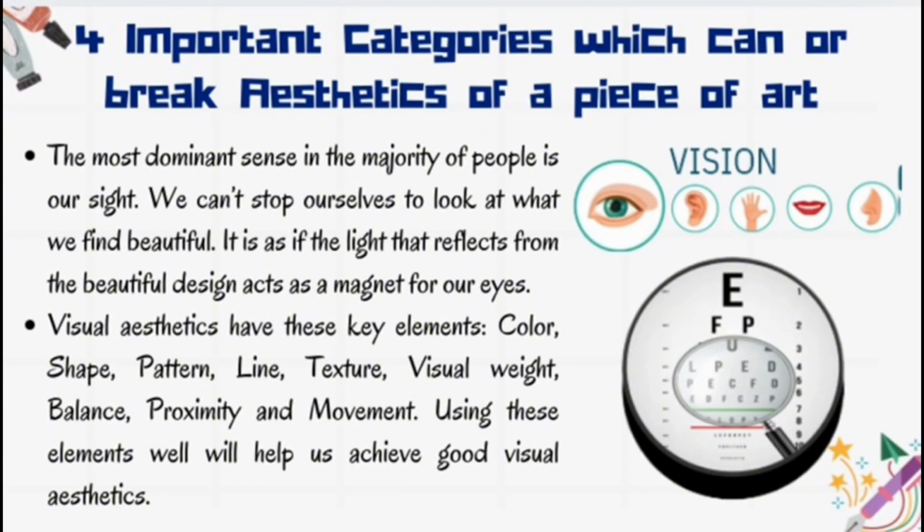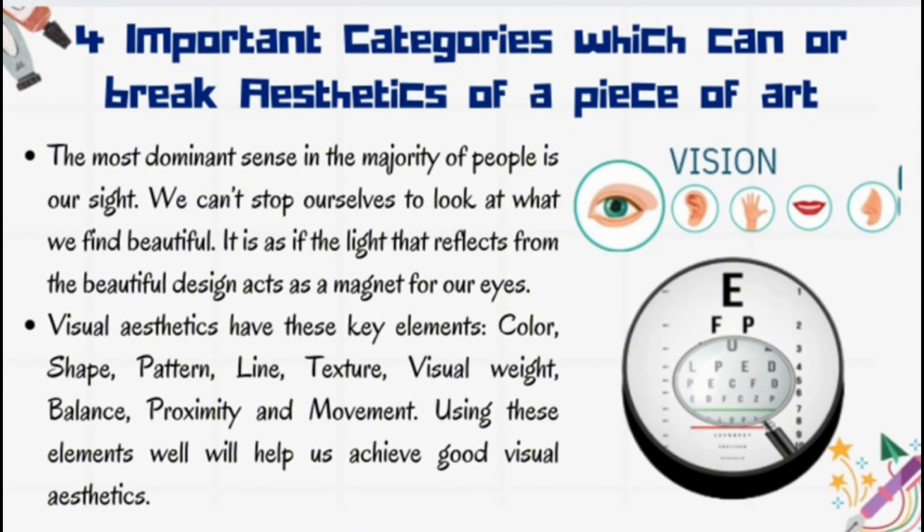First, the dominant sense in the majority of people is our sight. We can stop ourselves to look at what we find beautiful. It is as if the light reflected from a beautiful design acts as a magnet for our eyes. Visual aesthetics have these key elements: color, shape, pattern, line, texture, visual weight, balance, proximity, and movement.